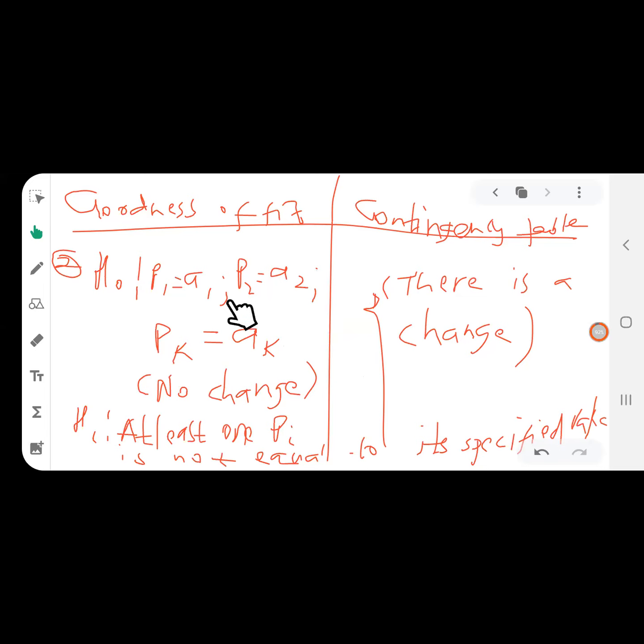I was saying that if the first proportion is equal to 50%, you will say P1 equals this A1. You are not going to write A1 here. You will write that proportion or percentage or probability that is given, which is 0.5. P2, if it's equal to 10%, you will write 0.1. So this PK, this K denotes the last value or the last P. If you have 3 P's, where you see K, you will write 3, and then you will write 3 here as well. If they are 4, you will write 4.